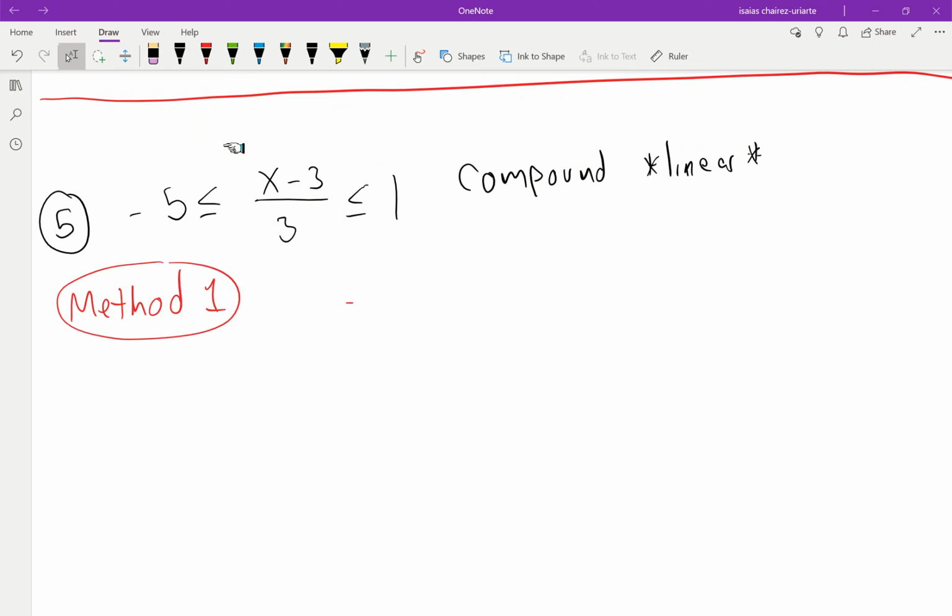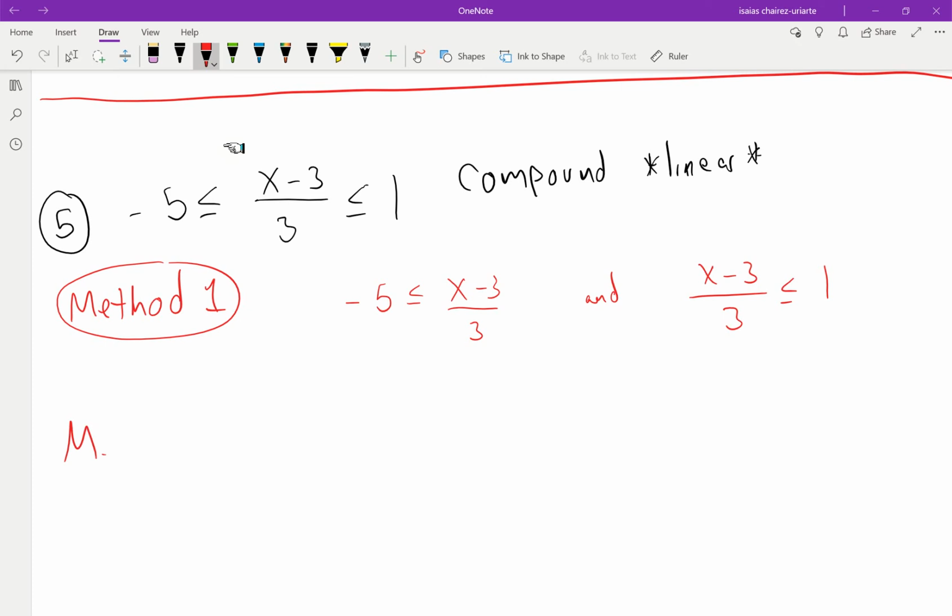One of them is -5 less than or equal to x minus 3 over 3, and then we could also say x minus 3 over 3 is less than or equal to 1, and then just solve each one of them. This is a totally good method.